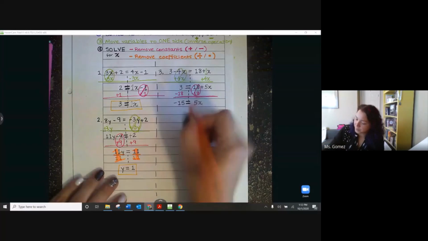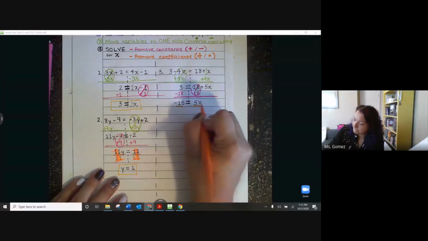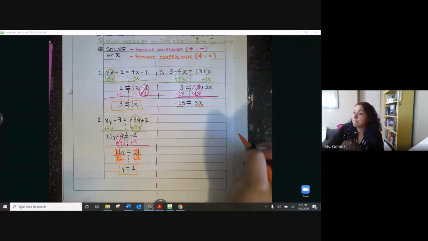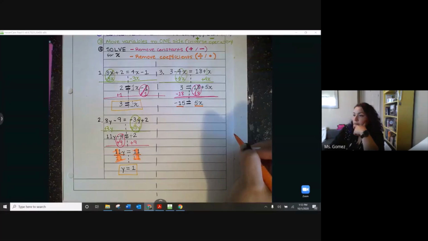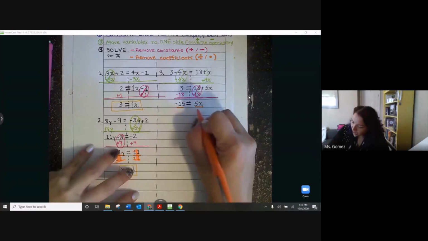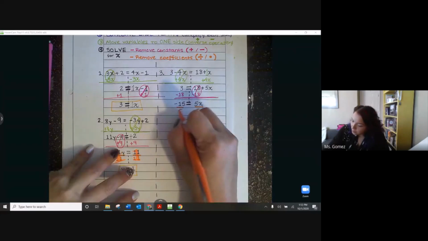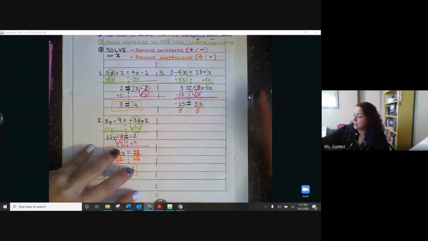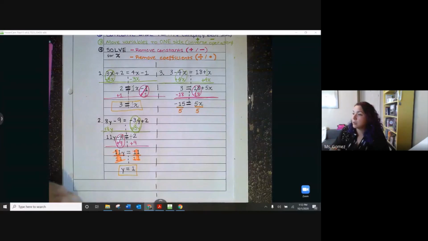Divide both sides by. What do I want to get rid of? I want to get rid of the 5. Because what's 5 divided by 5? Uno.